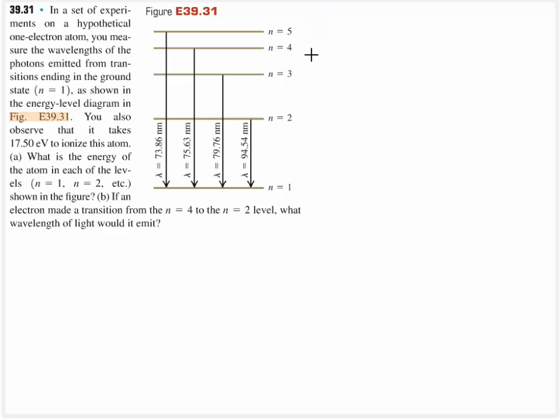Now we'll have a hypothetical atom, and suppose we've measured some wavelengths from these various transitions, and we also observe that it takes 17.5 electron volts to ionize this atom. That's going to tell us that the energy associated with that is going to be negative 17.5 eV, and we're asked to figure out what all of these energies are.